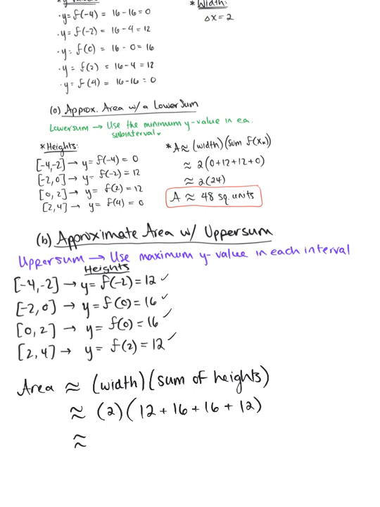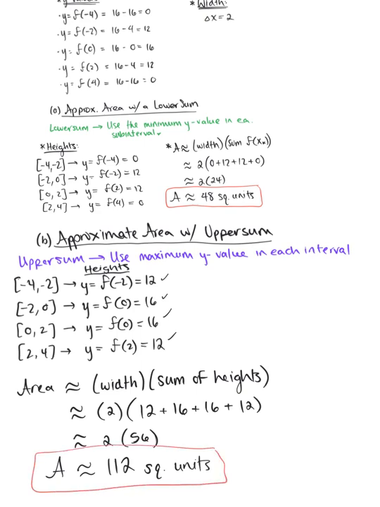So we have 12 plus 12 is 24, plus 32 gives us 56. So we have 2 times 56. So we have that the area is approximately equal to 2 times 56, which is 112 square units. And so this is our final answer here for the upper sum.